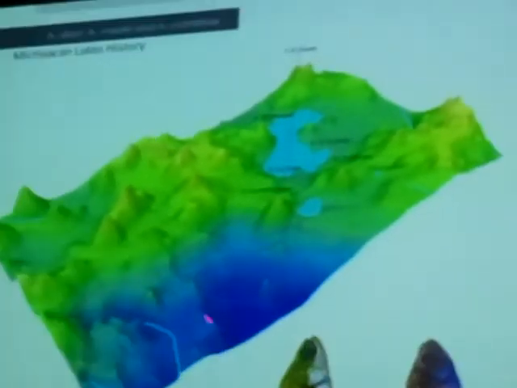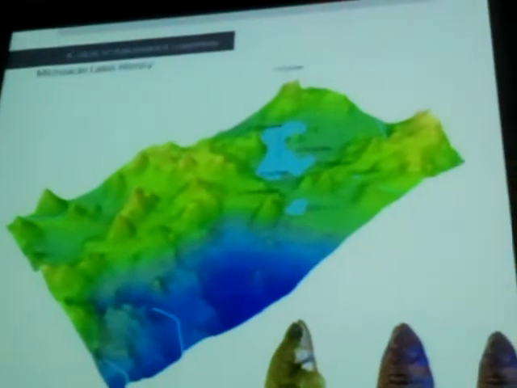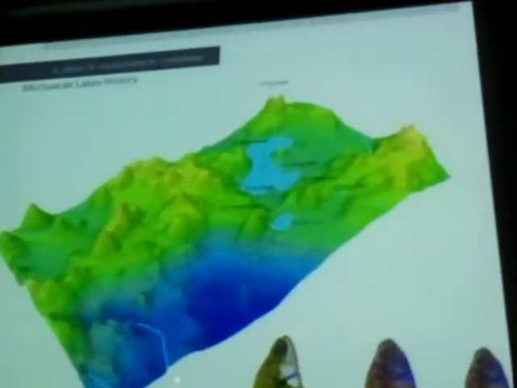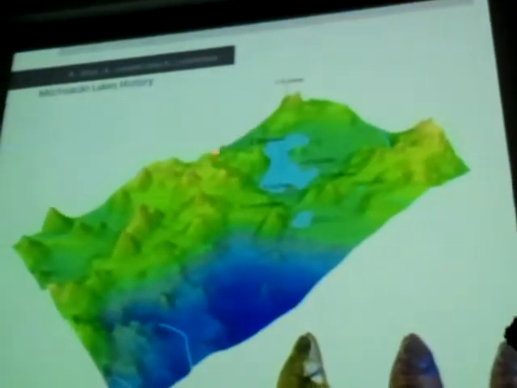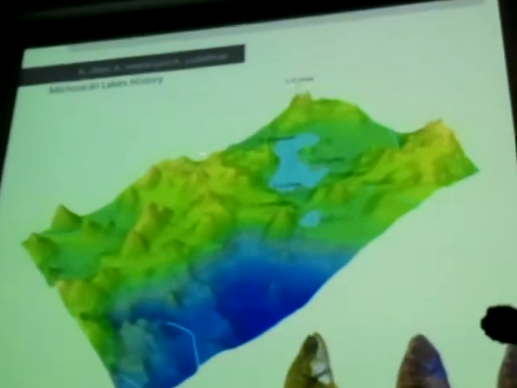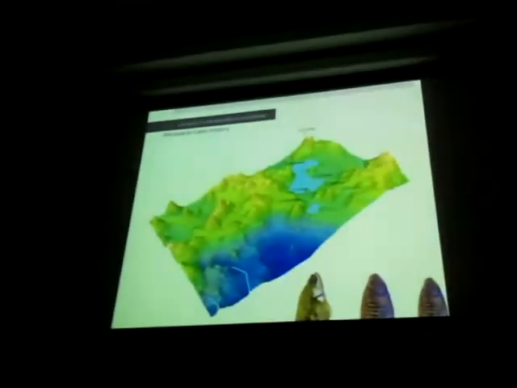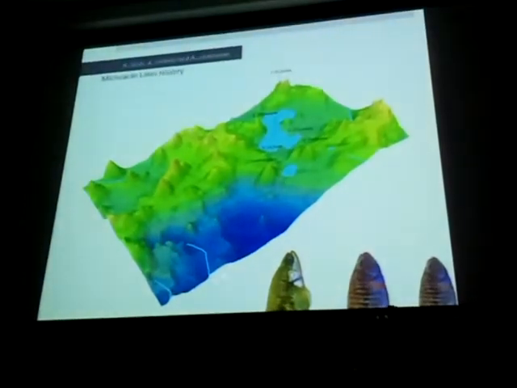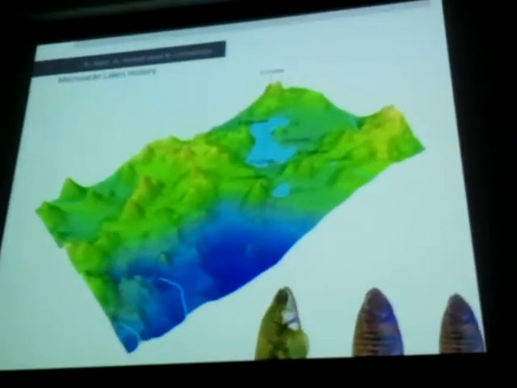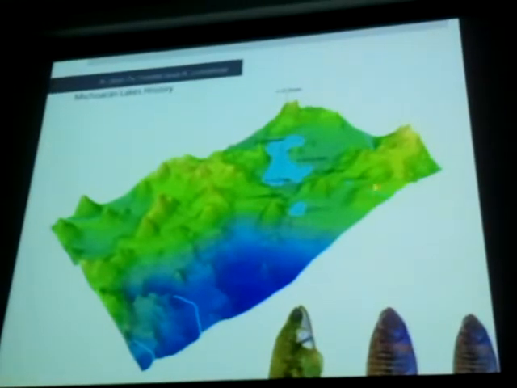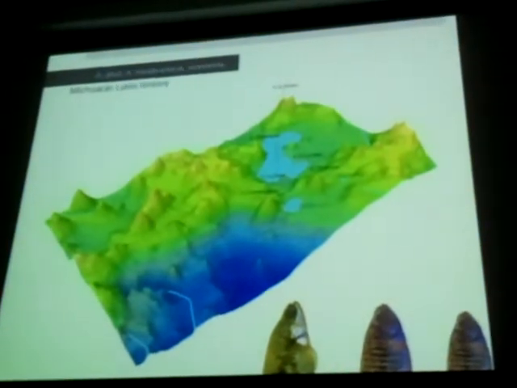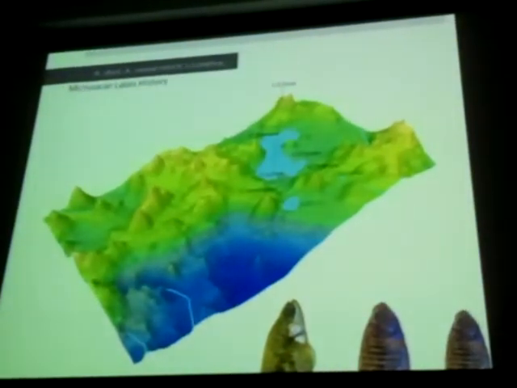But this part, the Cupatitzio sub-basin, is older than the other water bodies. The age of this part is maybe in the Pliocene, and this part is in the last million years.